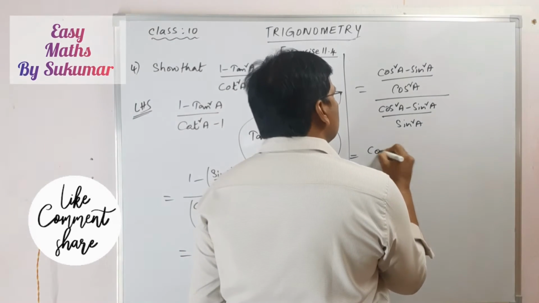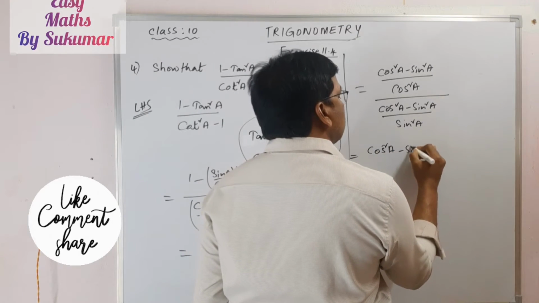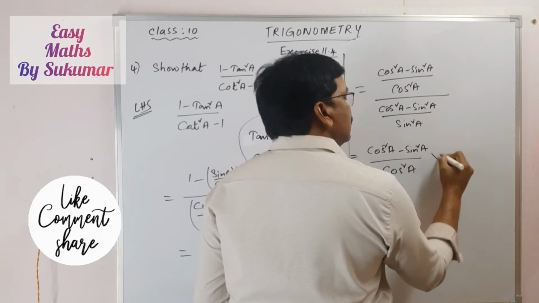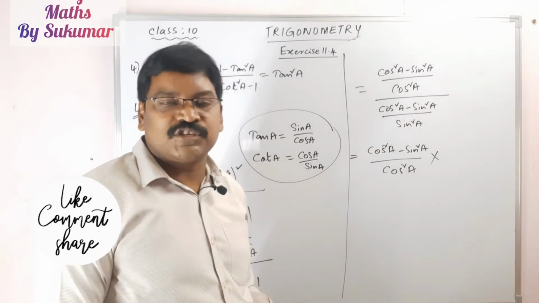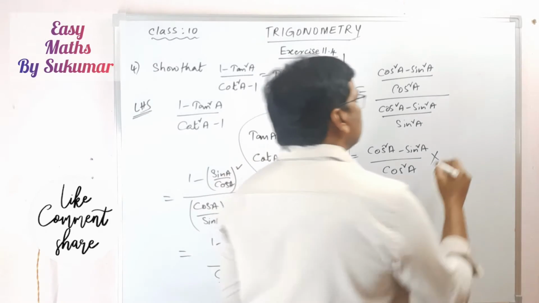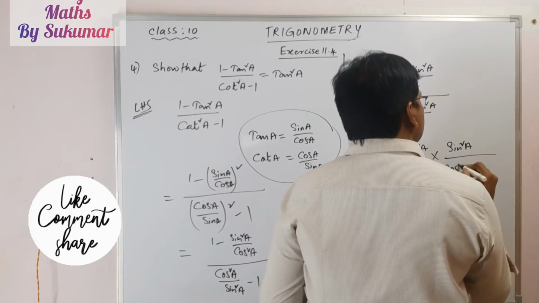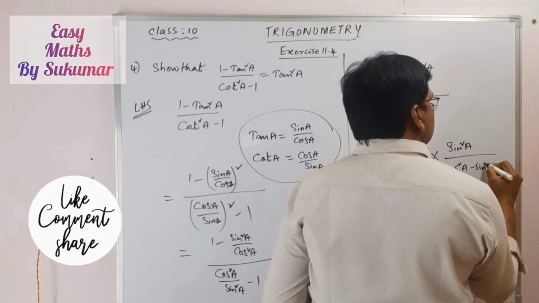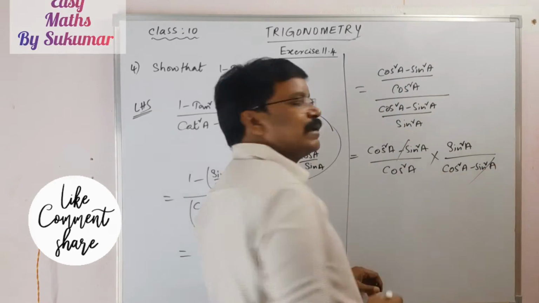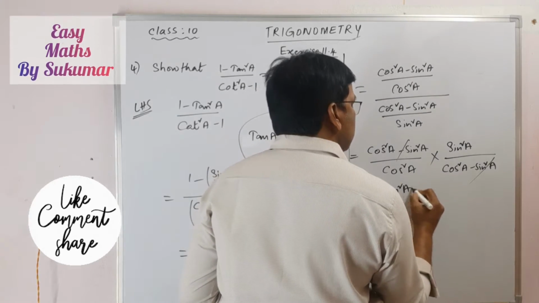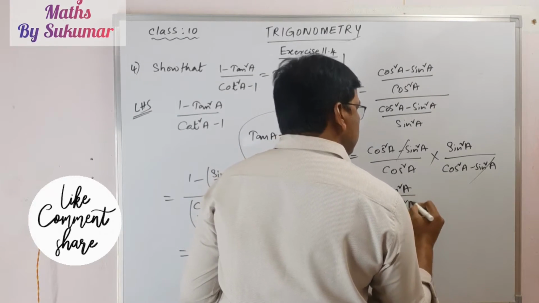So this is equal to (cos square A minus sin square A) by cos square A times the second fraction will be reciprocal, like sin square A by (cos square A minus sin square A). So these two get cancelled. Finally it is equal to sin square A by cos square A.